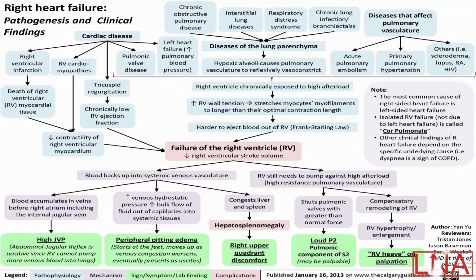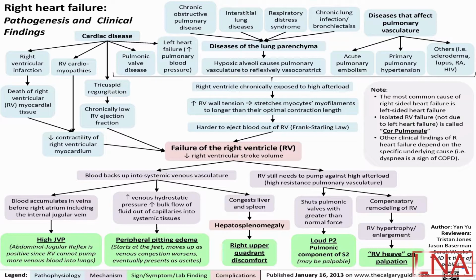Tricuspid regurgitation due to bacterial endocarditis or acute rheumatic fever. Death of right ventricular myocardial tissue leads to a decrease in contractility of the right ventricular myocardium. Tricuspid regurgitation, for example, leads to a chronically low right ventricular ejection fraction, because one part of the volume from the right ventricle goes not only to the system of the pulmonary circulation but regurgitates to the right atrium.